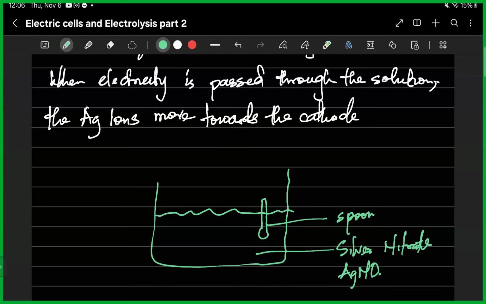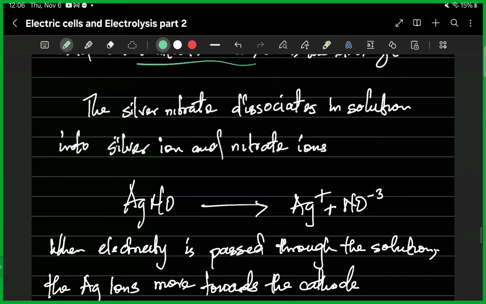It's AgNO3, one nitrate, so this is NO3 minus.